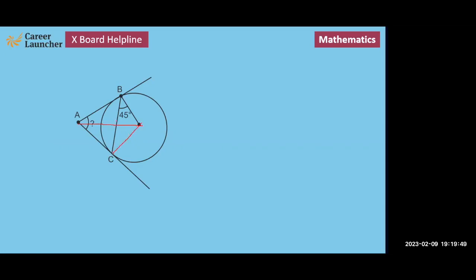So if they are identical, this will also be 90 degrees. Basically this triangle is being split into two equal parts. If this is 45, this is 45. Similarly, this will also be 45 degrees because it's an isosceles triangle.